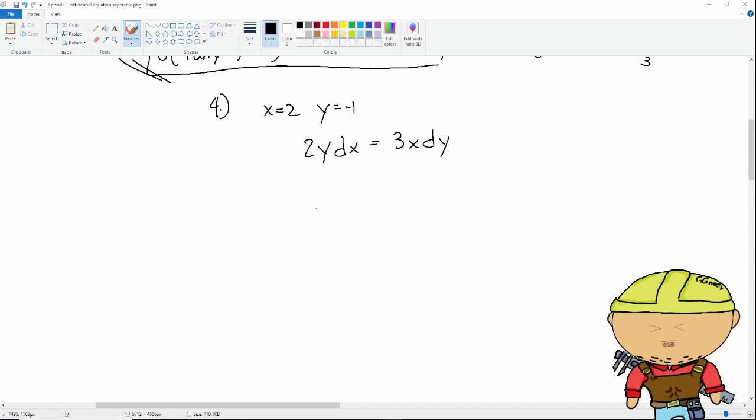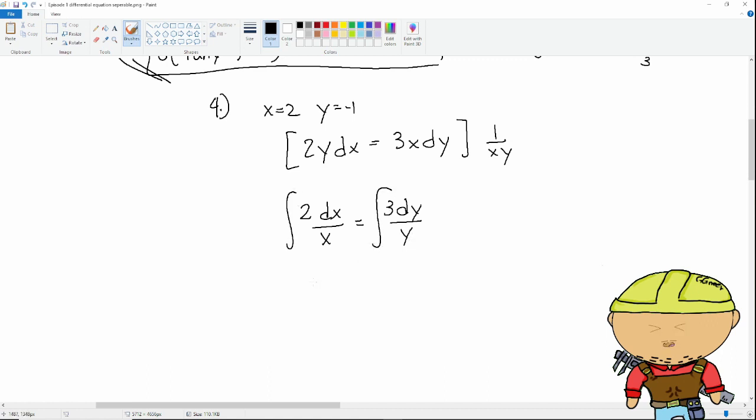Okay, so let's solve for the general solution. Separate each variable into each respective term. So let's multiply this by 1 over xy, so that we have 2 dx over x is equal to 3 dy over y.